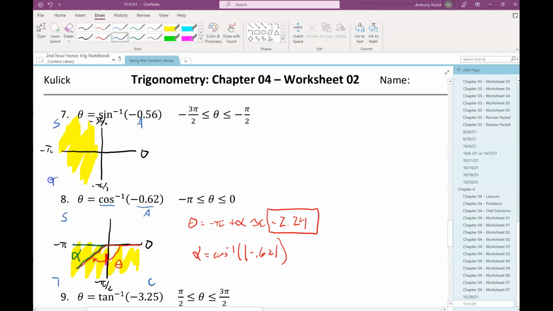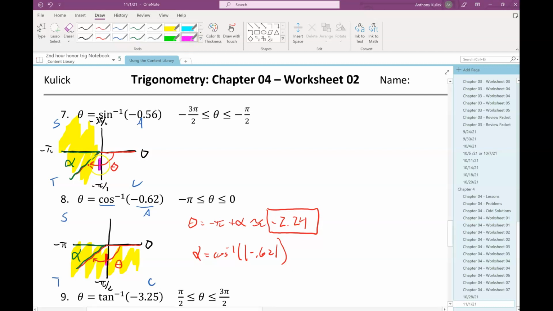All silly turtles crawl. So sine is negative between quadrants 2 and 3. That happens in quadrant 3. So that's my theta. There's my alpha. So far, so good.